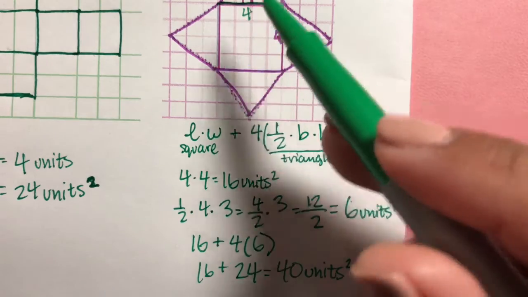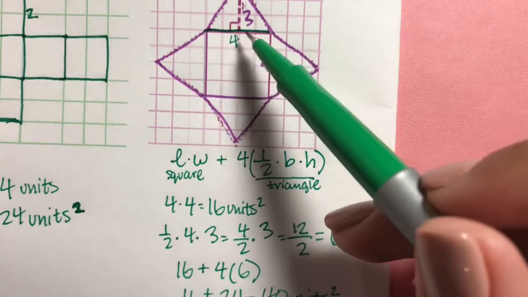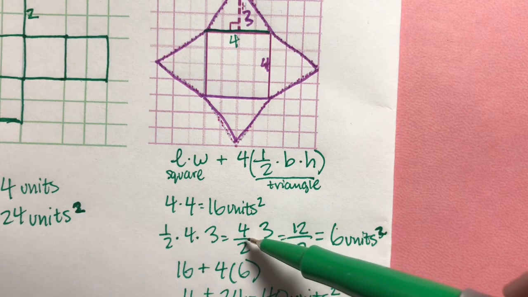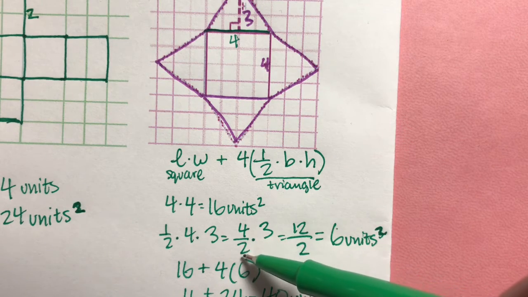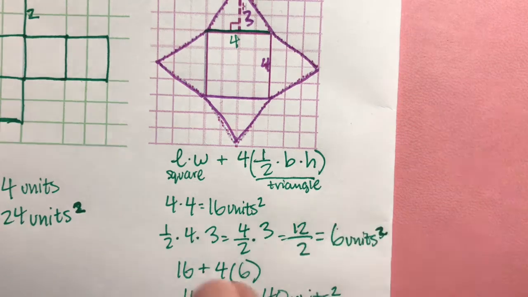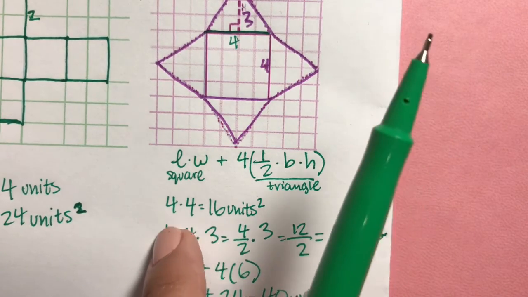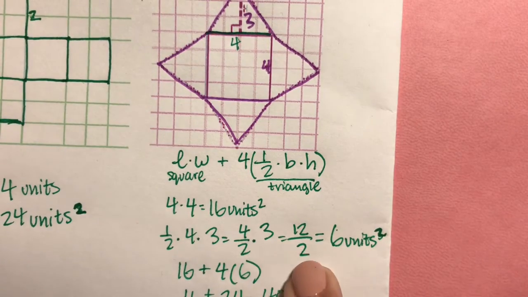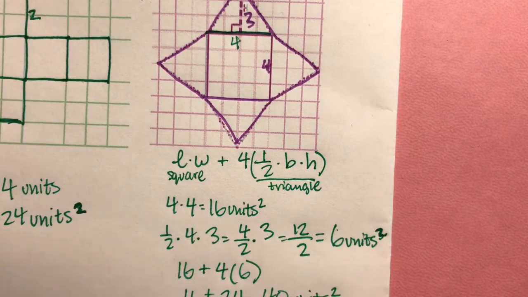Then 1/2 times 4, because that's the base of the triangle, which is one of the sides of the square, times 3, which equals 4/2 times 3, because 1/2 times 4, you just multiply across. Then you get 12/2, which equals 6 units.